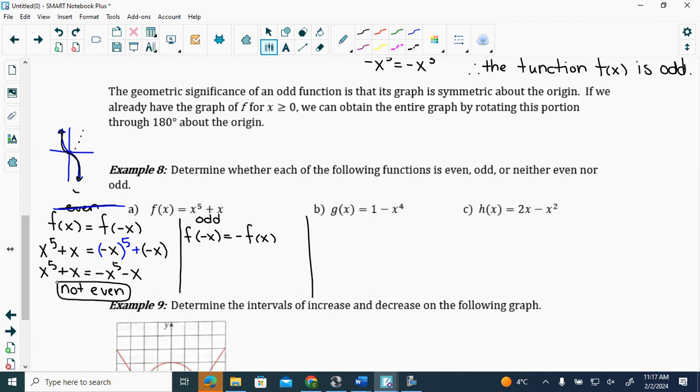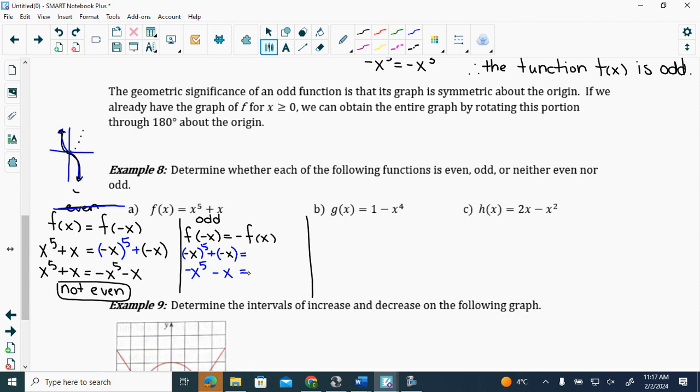So we plug it in. Pretend we haven't done it already. So we're going to go negative x to the 5 plus negative x. And then I'm going to reduce this side so I get negative x to the 5 minus x.